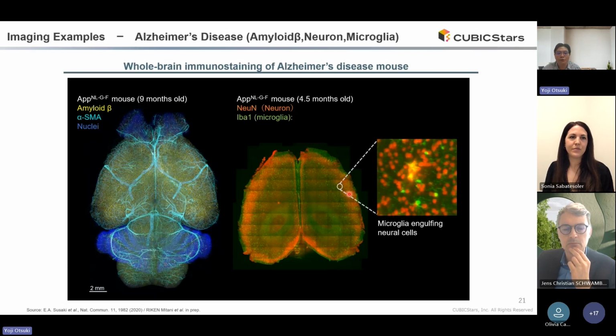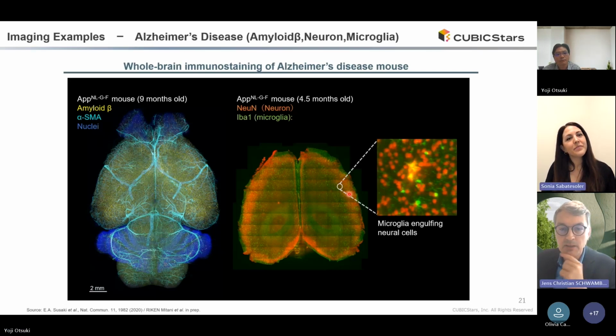Not only for large systems: when you cut out specific regions, you can also apply confocal or two-photon microscopy to see the subcellular resolution structures and distributions. Yeah, it's really, really interesting.